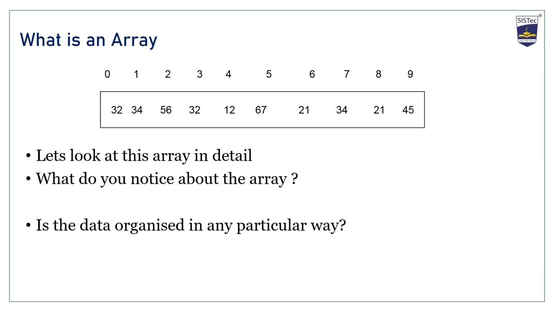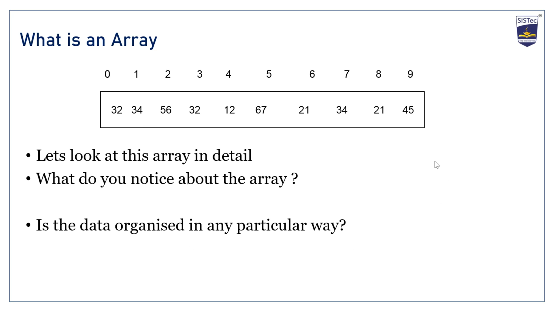Okay, so let's look at this array in detail. What do you notice about this array? The first person has age 32, the second 34, next 56, next 12, then 21, then 21, 45. Is that data organized in any particular way?